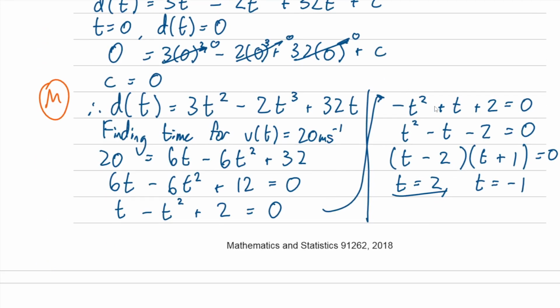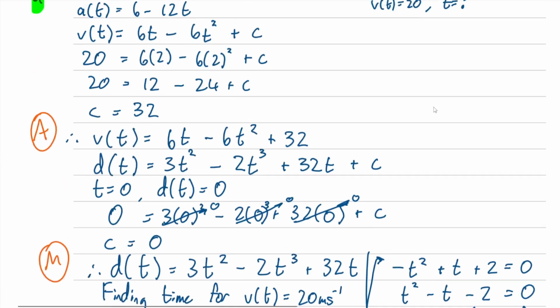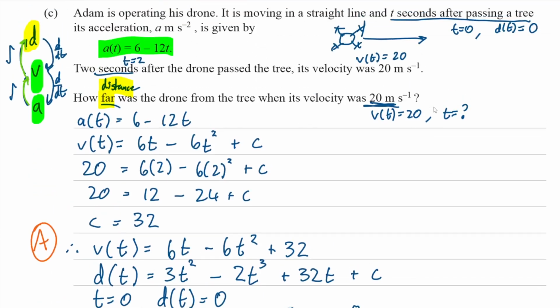And why did we do all that hard work? Well, that time is when the drone is moving at 20 meters per second, which we can now put into our distance equation to calculate the distance it traveled.